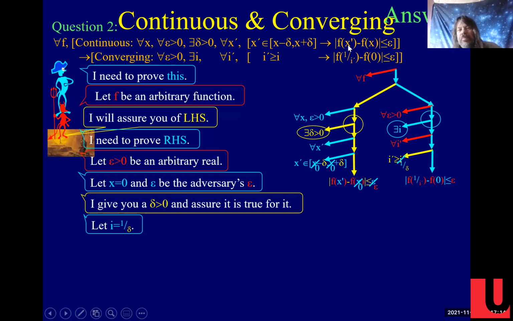And we see here x prime is kind of being compared to 1 over I prime. So if x prime is compared to 1 over I prime, and we need something to bound I prime, right? So it seems to be a flip of it.